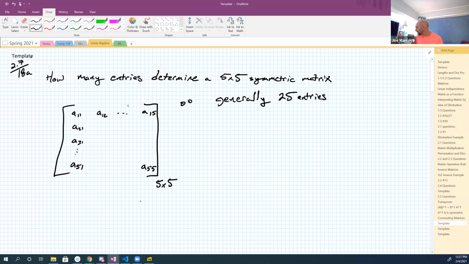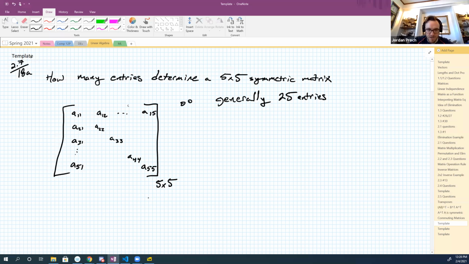Okay, so if this matrix is symmetric, what does that mean? It means we can transpose it and it'll still be the same. Yep, it'll be its own transpose. So if I think about what transposing means, I would switch this entry and this entry.